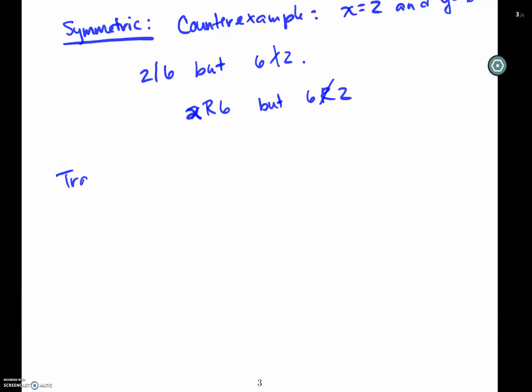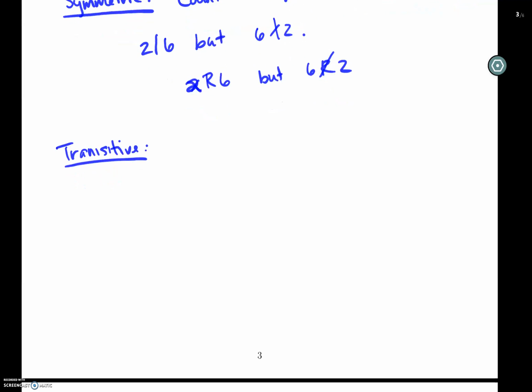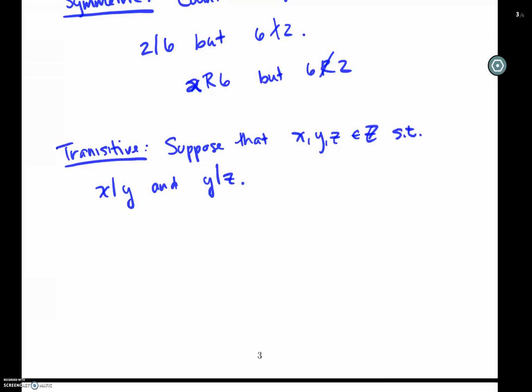How about transitive? As it turns out, this is transitive, and we can prove this by supposing that we have three integers, say x, y, and z, such that x divides y and y divides z.